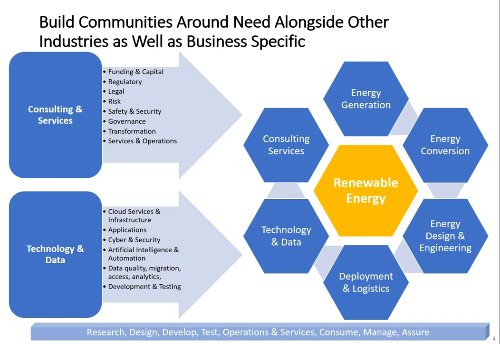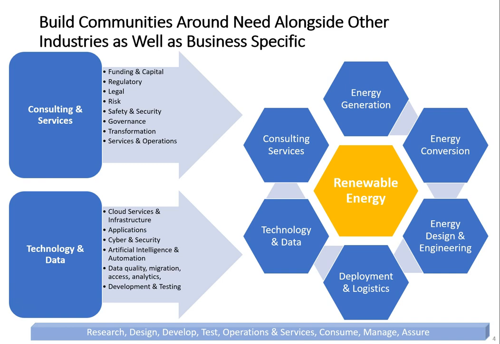The technology and data aspects are explored further, as well as the related consulting and services. With increasing demand for data, analytics, automation, and artificial intelligence, as well as the growth in risk, security, audit, regulatory compliance, and assurance, the need for related services and operations is part of the growth.